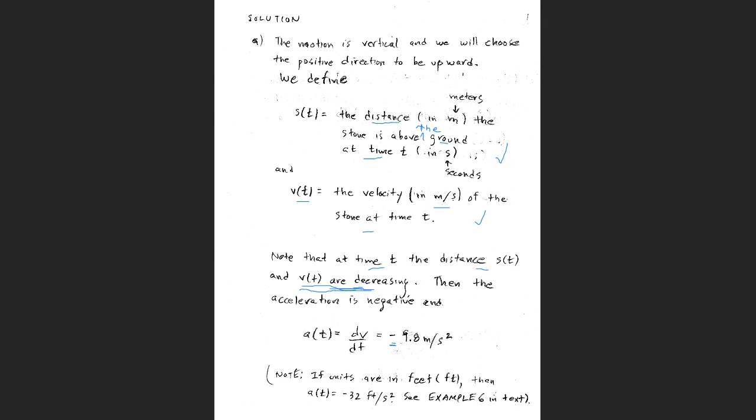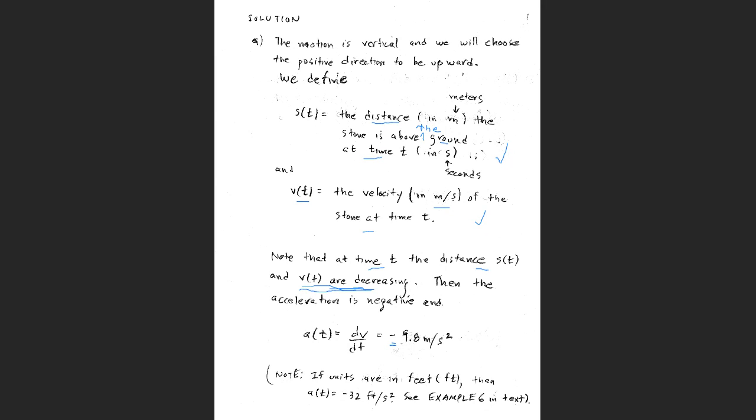It's getting faster. The stone's picking up speed, so the velocity is decreasing. The values of the velocity are negative because the stone's going downward, but because the stone is picking up speed, indeed the velocity is decreasing. And that means the acceleration is going to be negative.